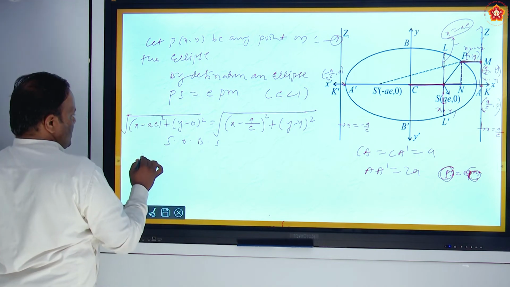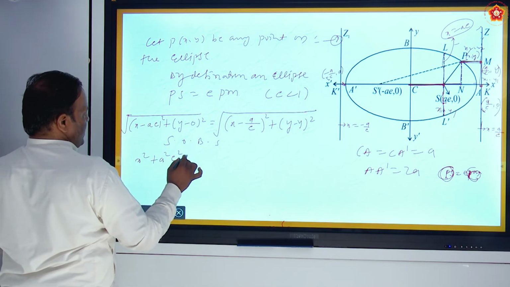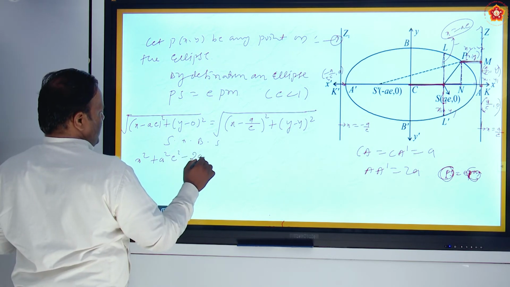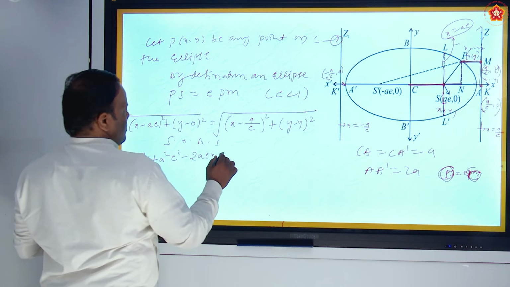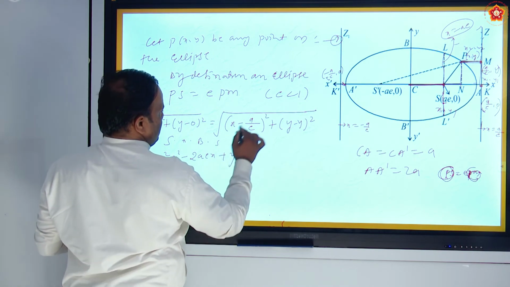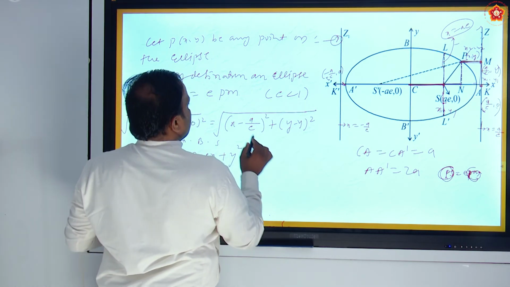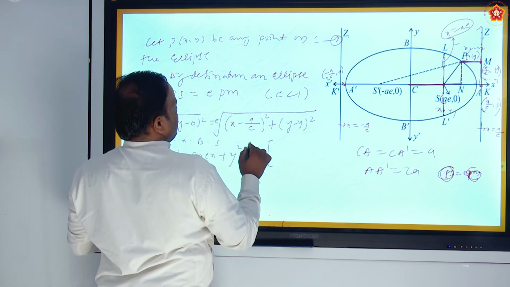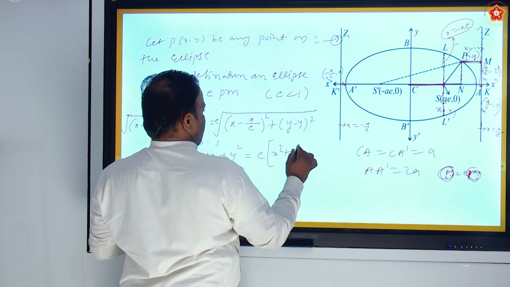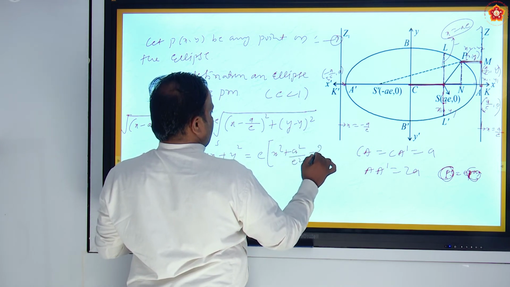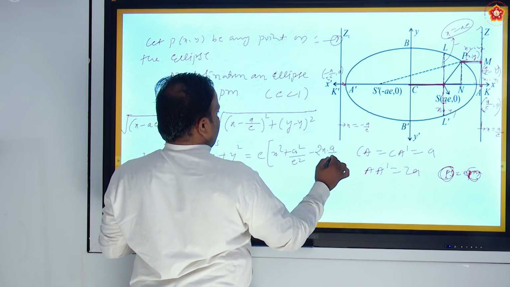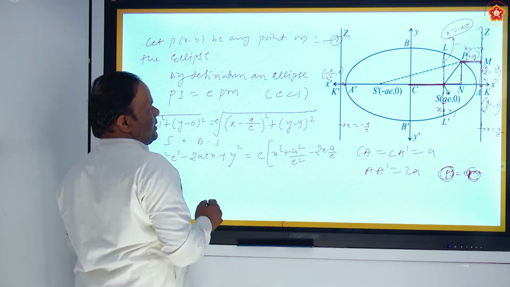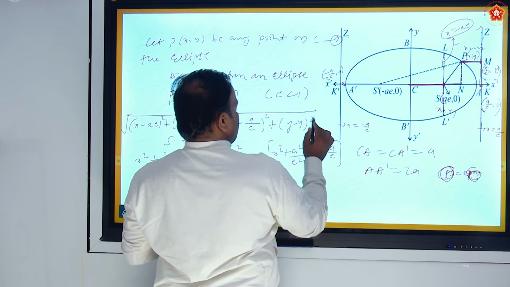The root gets cancelled. This becomes x square plus a square e square minus 2axe, plus y square, equal to e square times the bracket x square plus a square by e square minus 2xa by e, plus zero since y minus y is 0.